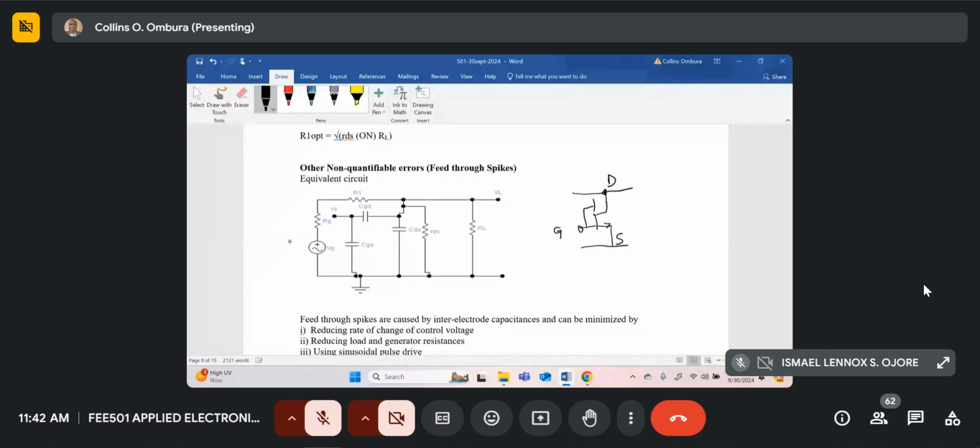So there's normally a capacitor from here to here, a junction capacitor or interelectrode capacitor there. So this capacitor here, we call it CGS. This capacitor, we call it CDG. And of course, you've got your control voltage. It's going to be varying, controlling the gate.